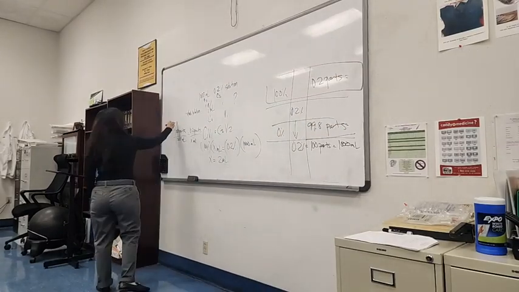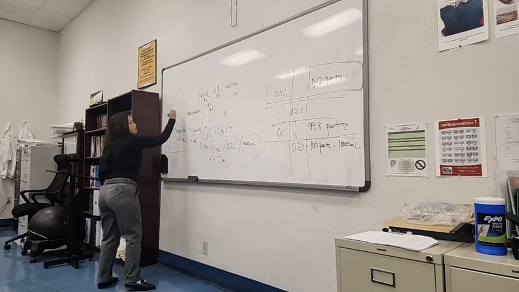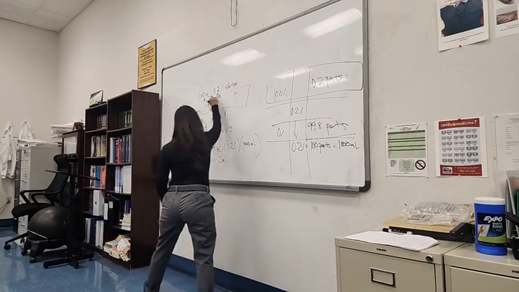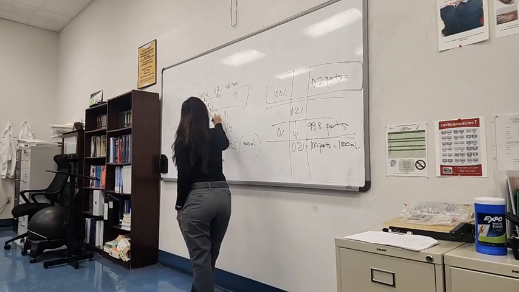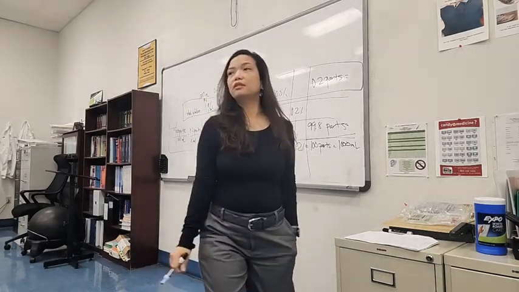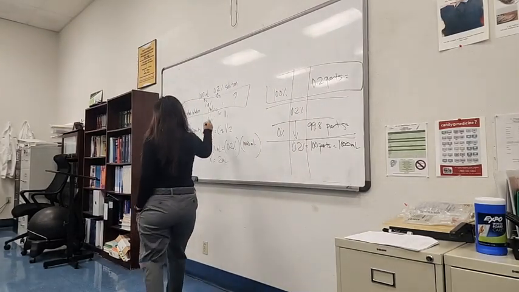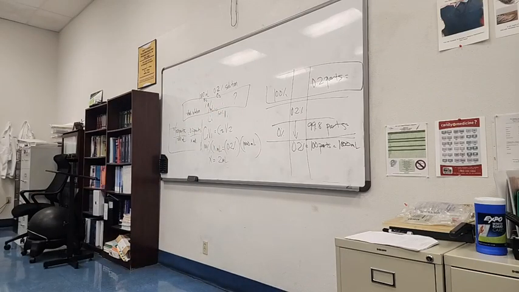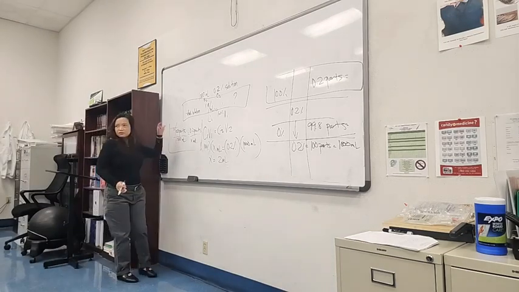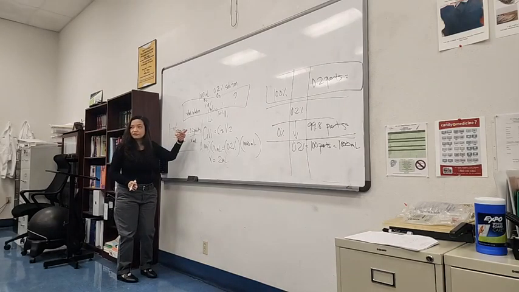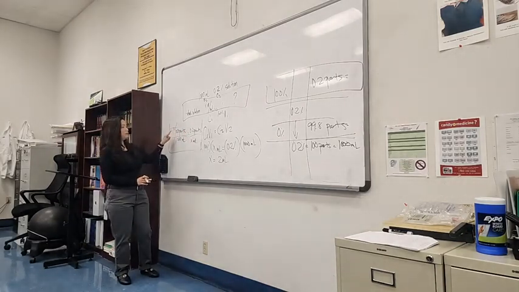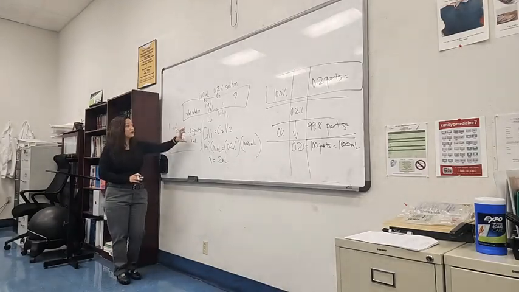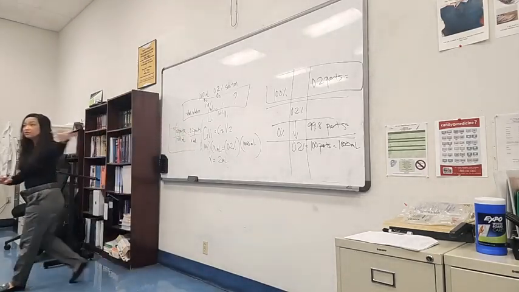This is correct. Why is this equation correct? Because you converted this to 100%. You can flip flop this, it will come up with the same answer. 100 parts, 1,000 ml, as long as you flip flop this side too.